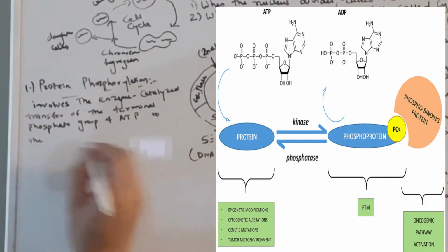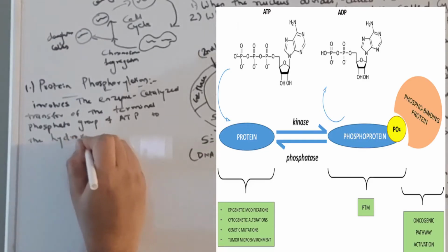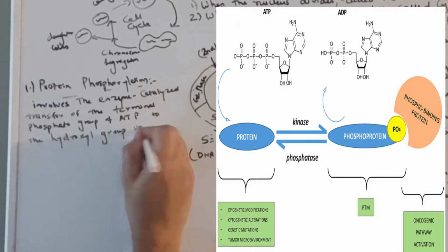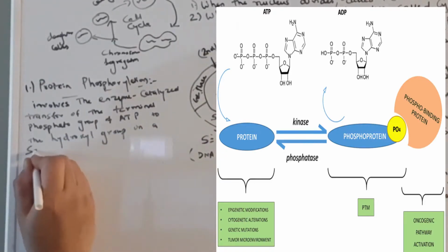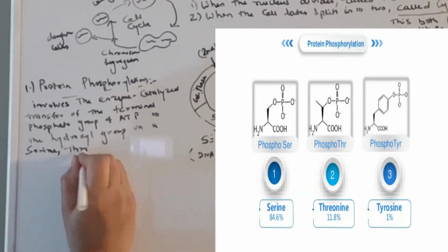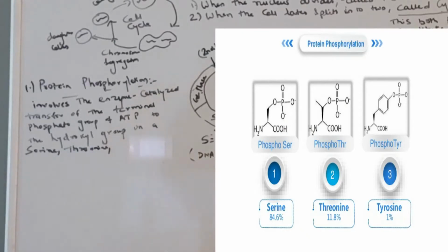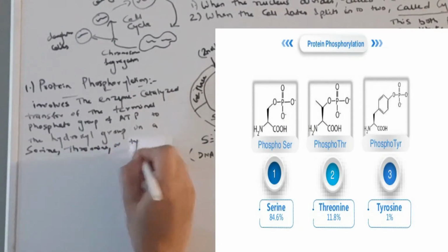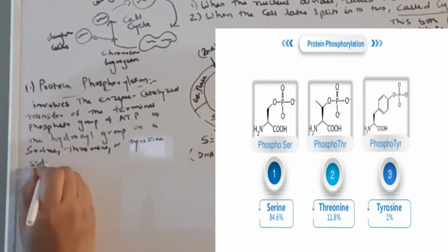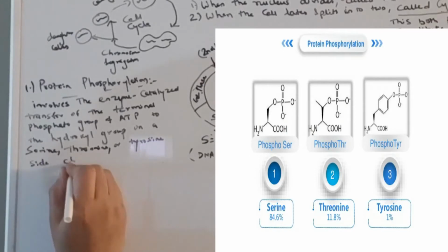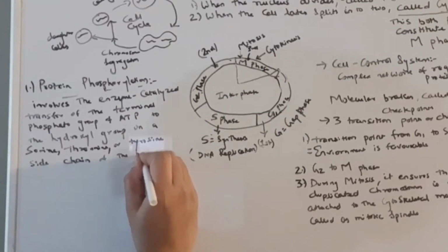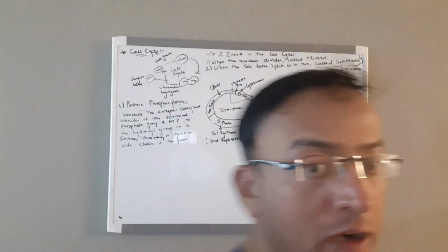The phosphate group is transferred to the hydroxyl group on a serine, threonine or tyrosine, and these are on the side chains of the protein. So this is basically protein phosphorylation.